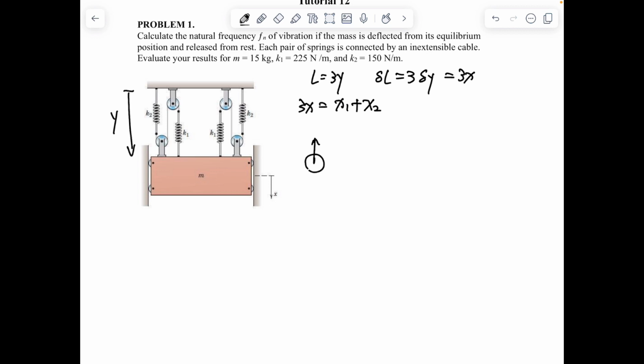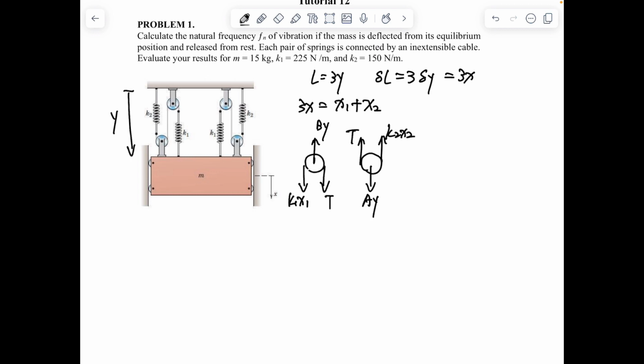Here's k1 x1. Here's T. And the upper pulley, here's T, and this is k2 x2.